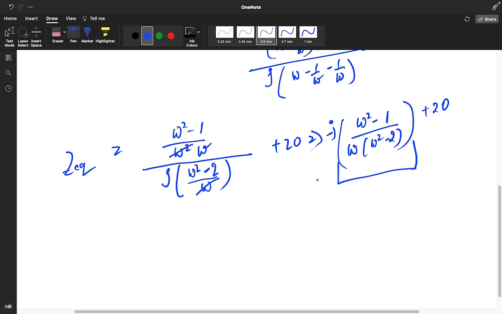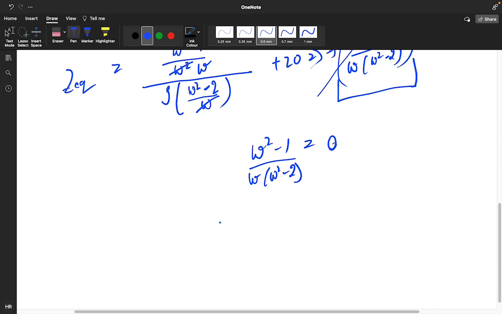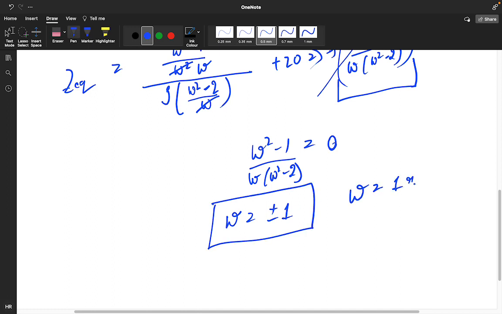So this imaginary term, if you make it 0, then omega square minus 1 divided by omega into omega square minus 2 is equal to 0. So what value you will get? Omega value plus minus 1, but the frequency cannot be negative, so omega you are getting as 1 radian per second.